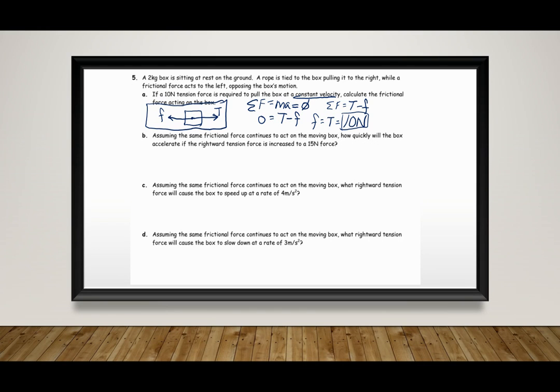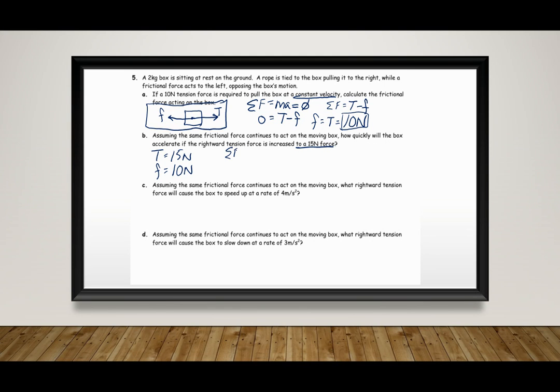Assuming the same frictional force continues to act on the moving box, how quickly will the box accelerate if the rightward tension force is increased to a 15 Newton force? So we know tension is now equal to 15 newtons, and we know friction is equal to 10 newtons.